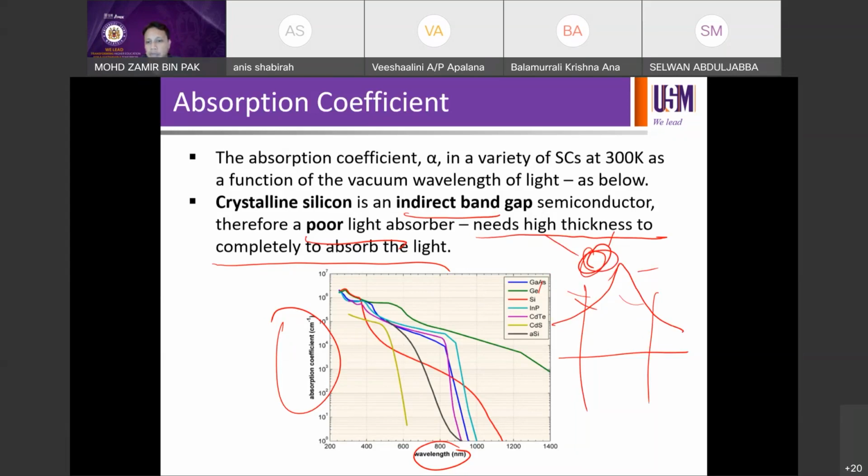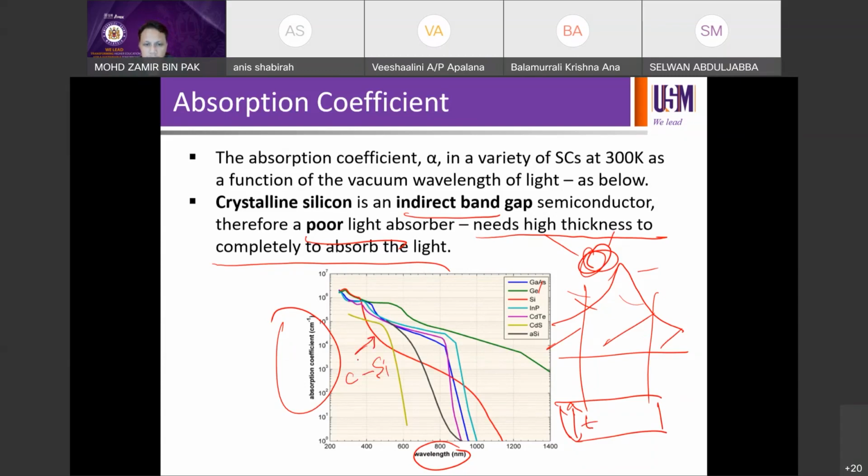So to be able to absorb UV, visible, IR, crystalline silicon needs a relatively large thickness. Okay, so let's compare. Where is crystalline silicon in this case? Silicon here is crystalline silicon. The red here is crystalline silicon. Okay, tapi dia tulis kat tu silicon je lah. You can get this from the PV Education website as well.